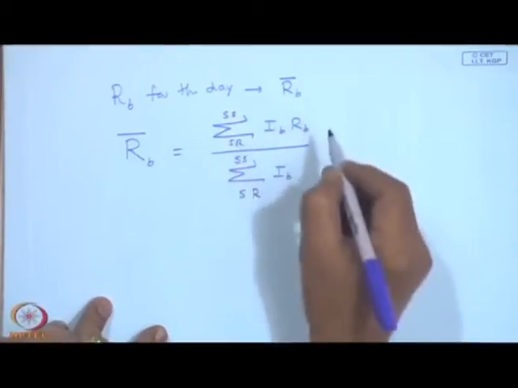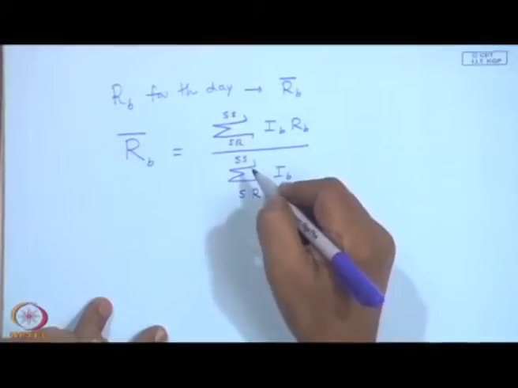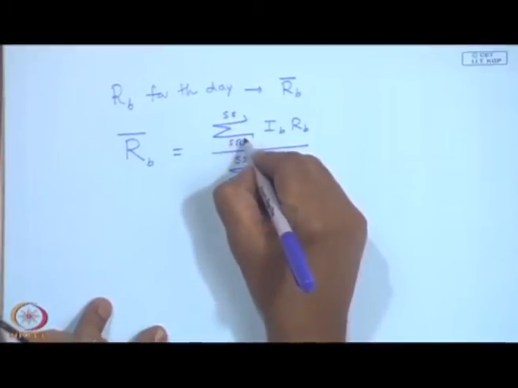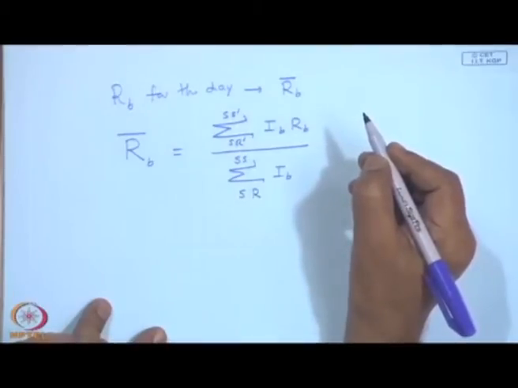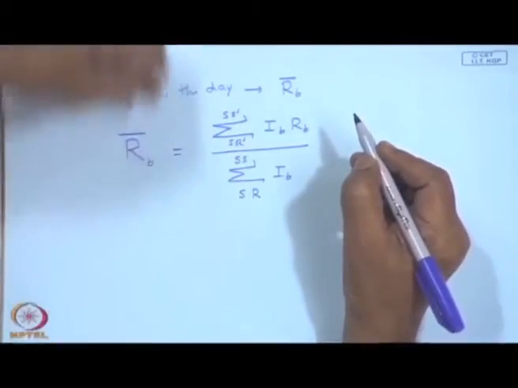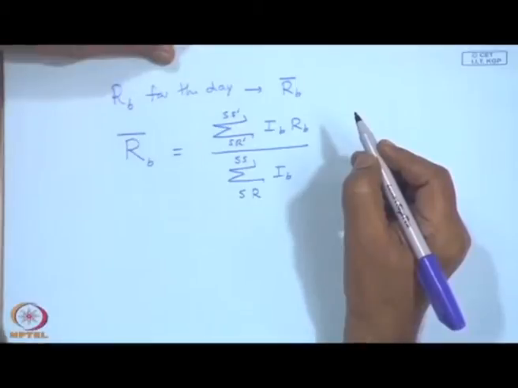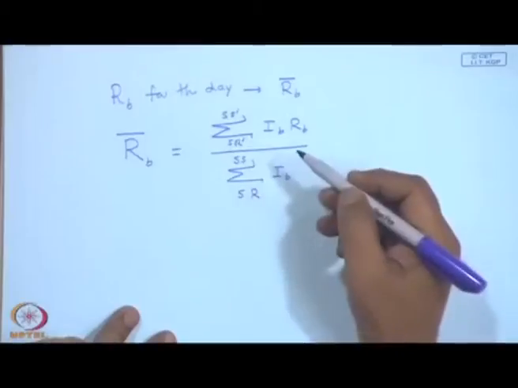A little later we will find out these are not the physical sunrise and sunset, but some SR dashed and SS dashed, which the surface apparently sees during the day, right. But nevertheless, if you properly calculate it, even if I categorically say from sunrise to sunset and ignore a negative R B etcetera, you will still get a correct value.